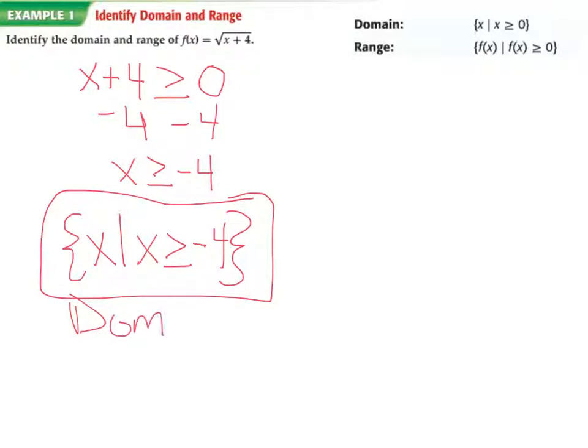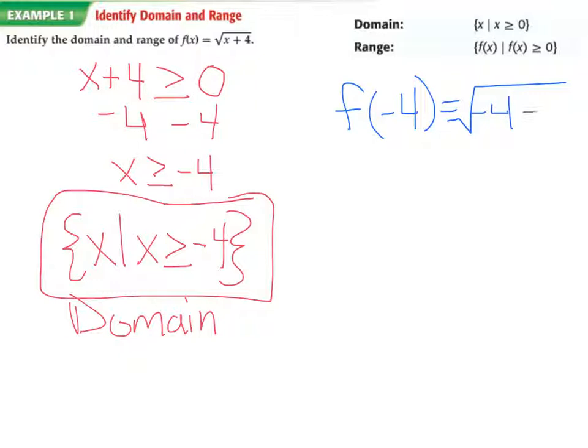So now let's talk about the range. We need to find f of negative 4 to determine the lower limit of the range. So we're going to have f of negative 4 equals the square root of negative 4 plus 4.